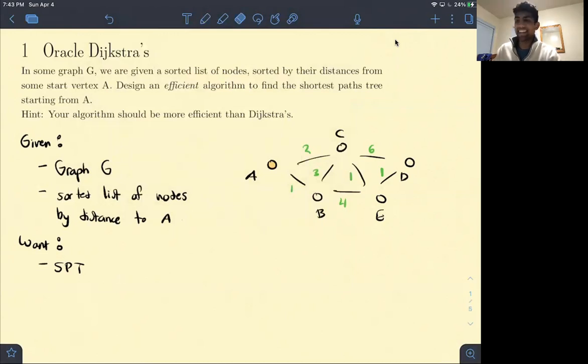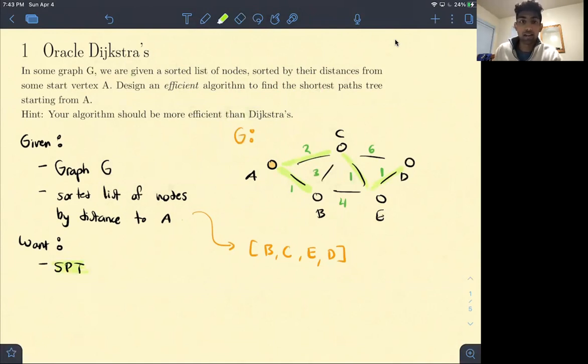Obviously, this is the graph G. The sorted list of nodes that we would be given in this case would go B, because B is 1 away from A, then C, because C is 2 away, then E, because E is 3 away, and then D. And then what we want is the shortest path tree, which in this problem is going to look like so.